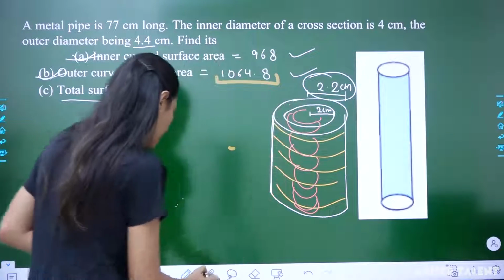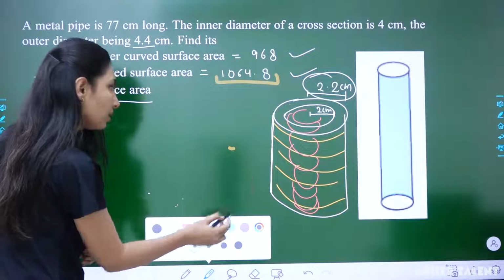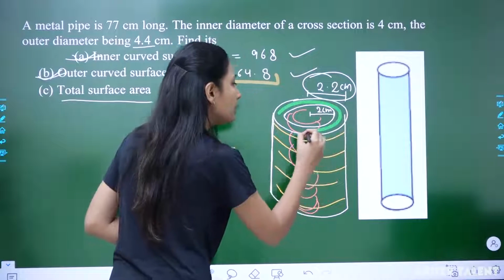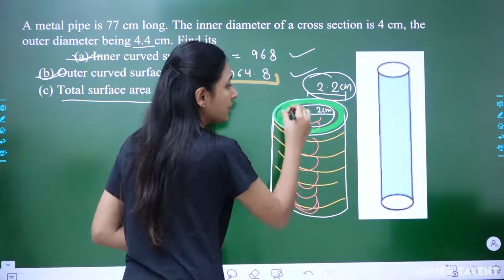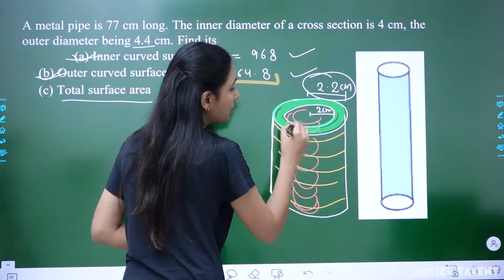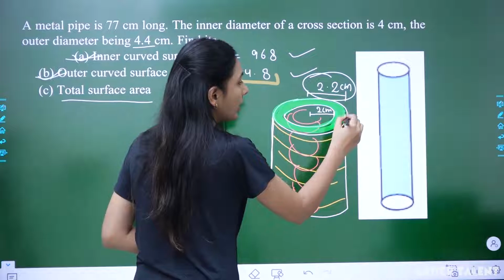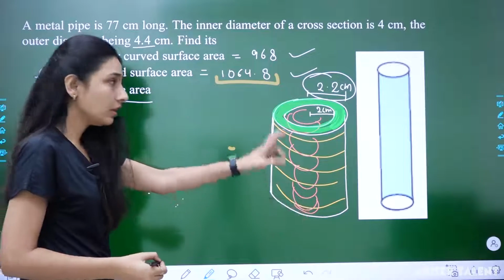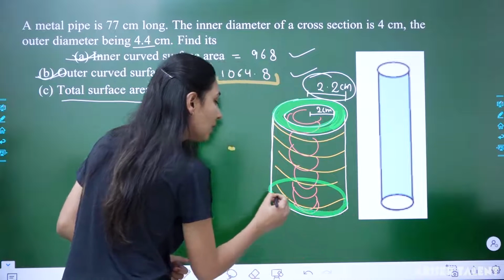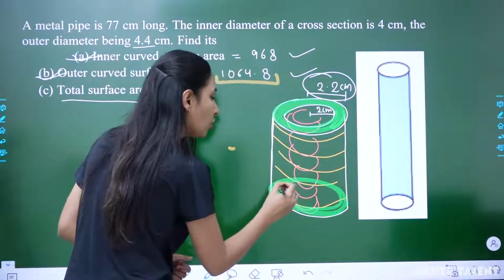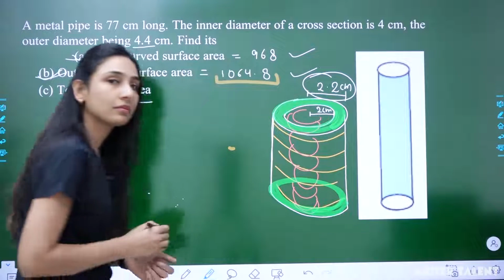This portion you can see, the green one. This part is remaining for the total surface area. I repeat, the total surface area. Similarly, at the bottom, we will have the same area here also, the top area and the bottom area.